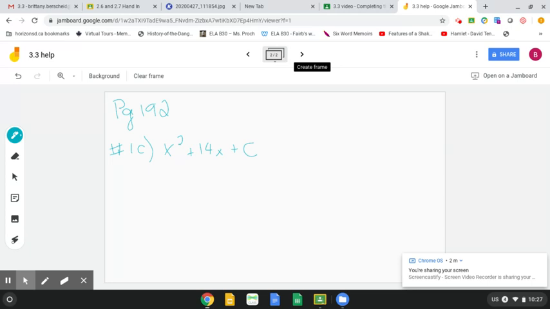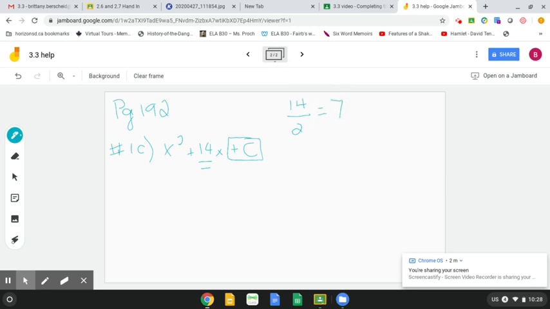I might not have gone into detail about what that means in my last video. When you're completing the square, to figure out the c value, you take the b value, 14, and divide it by 2. 14 divided by 2 is 7.